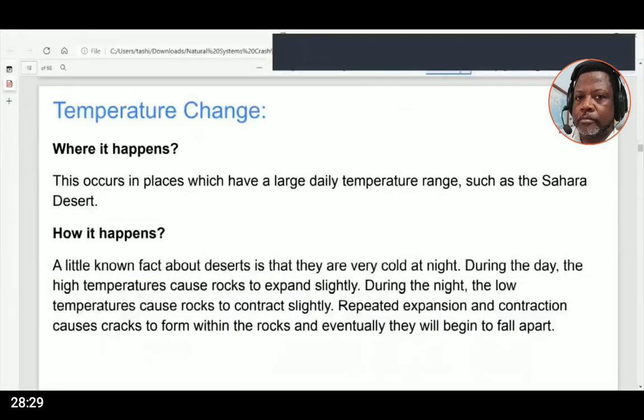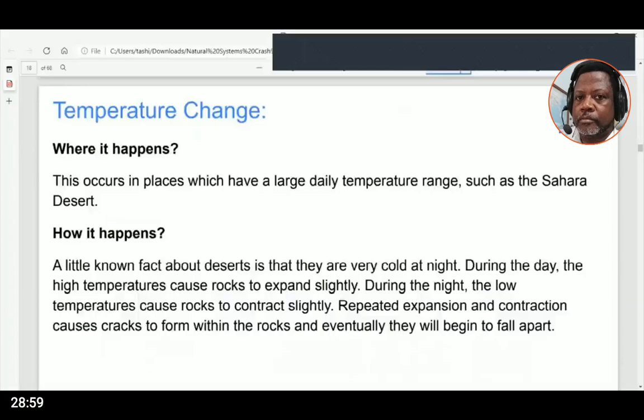Now I'd like to point out here that in desert areas like the Sahara Desert, there is an extreme change of temperature between the day, with very high temperatures, and the night, when it drops to very low temperatures. This area is considered, the term we use in geography, to be hot and dry, and the term that is used for that is arid.